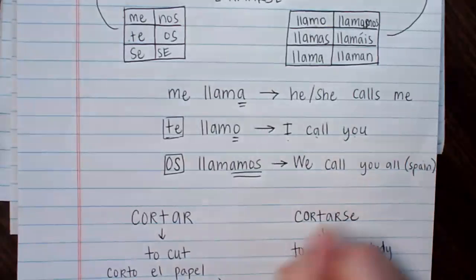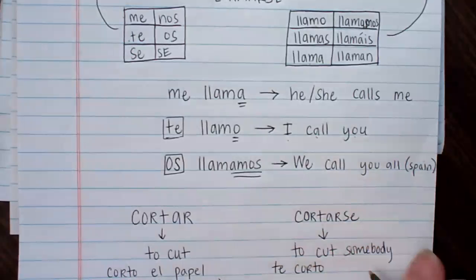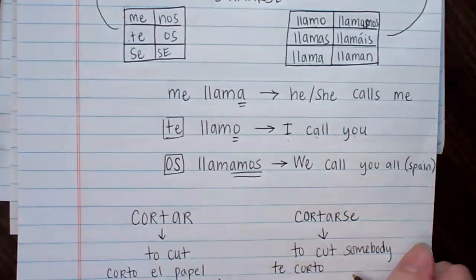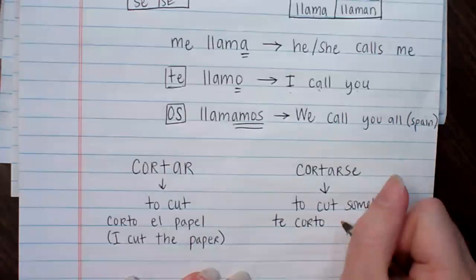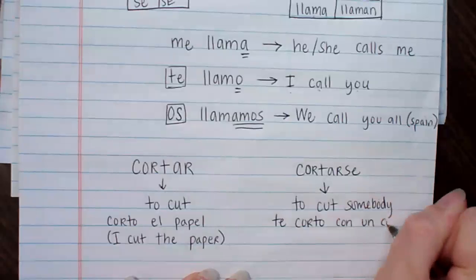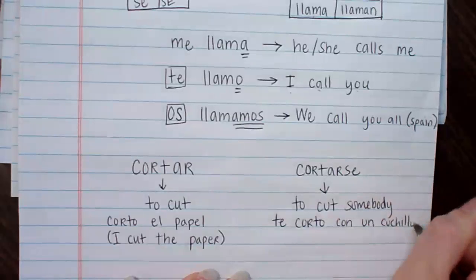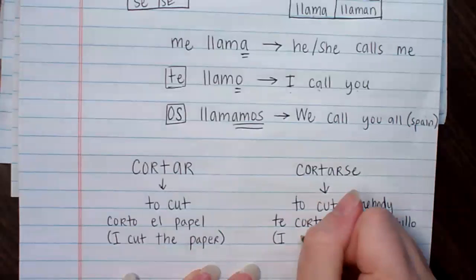If I said te corto con un cuchillo. We're up in the prison yard. What a horrible example.